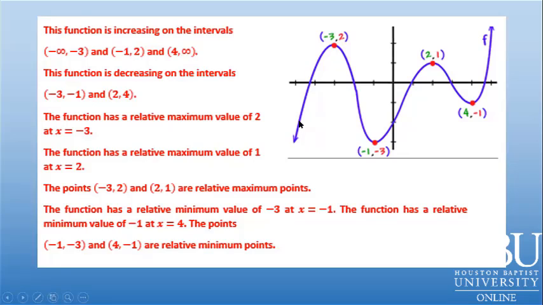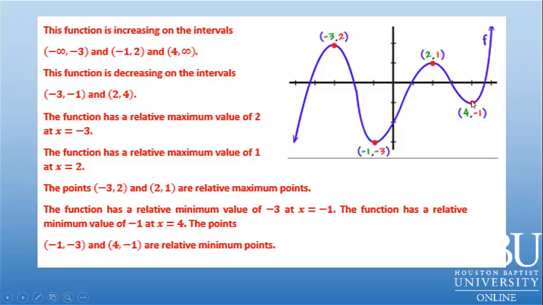The function is increasing or going up from left to right as x coordinates go from minus infinity to minus 3. The function is also increasing as the x coordinates go from minus 1 to 2.